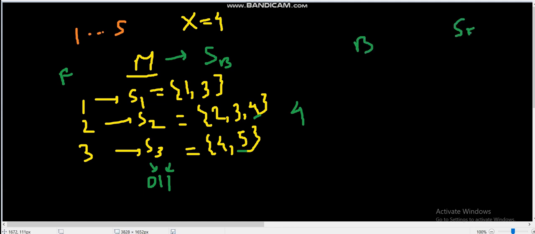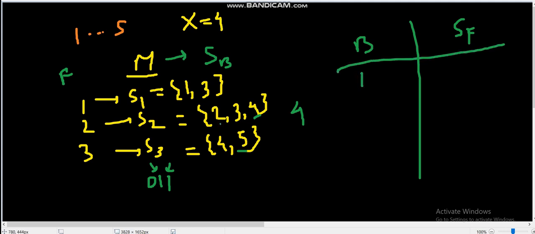We give the first bottle to which friends? Only to the first friend. Then we give the second bottle to the second friend. We give the third bottle to the first friend and the second friend, so we are giving 1 and 2. And then we give the fourth bottle to the third friend and the second friend.